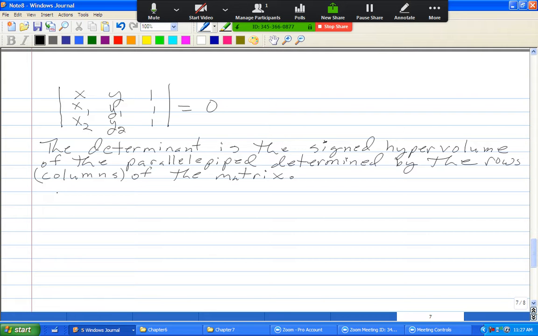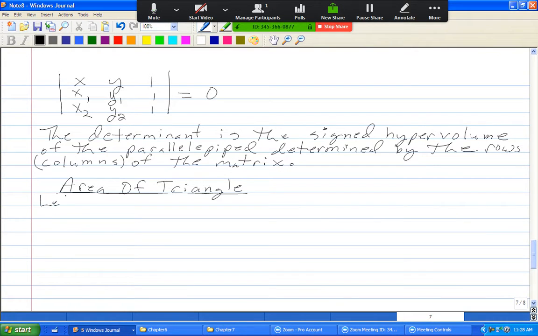So you can use this to find the area of a triangle, if you just happen to know the location of the vertices of your triangle. So let x1, y1, x2, y2, x3, y3 be vertices of a triangle.